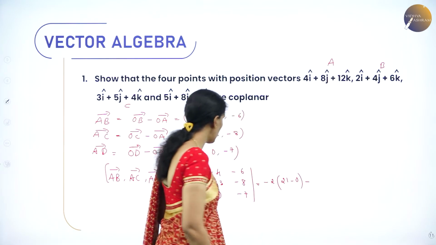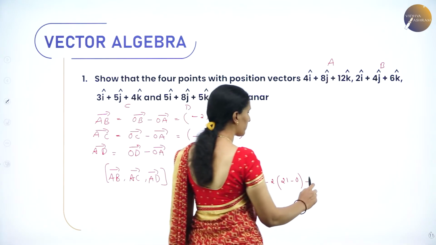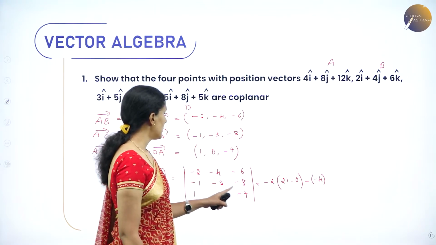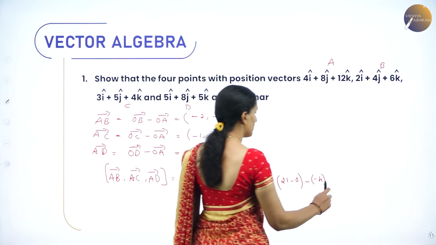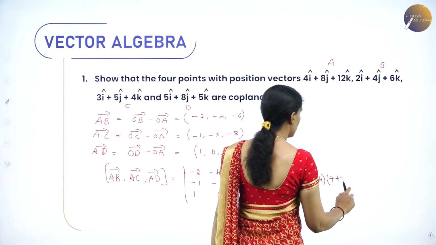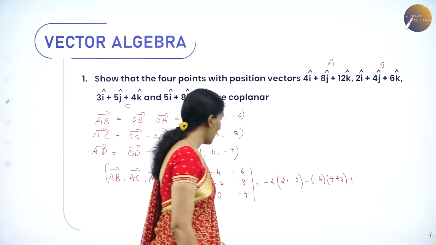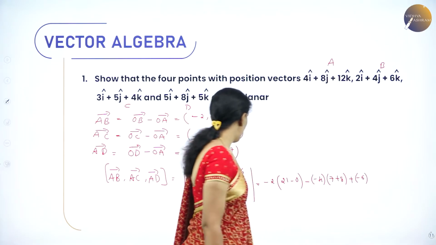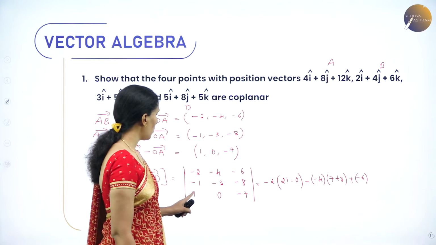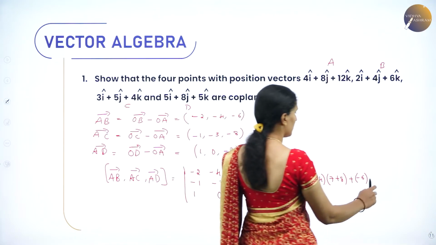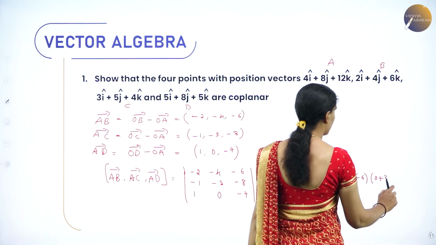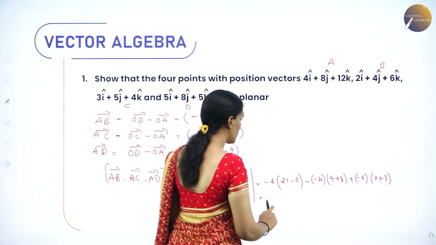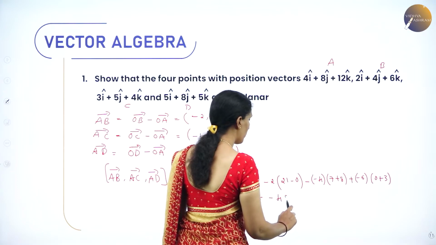Next we have minus of -4. So -4 again. We have 7 plus 8. Next we have -6 here. For -6 it is 0 plus 3. So -21 -2, which becomes -42.